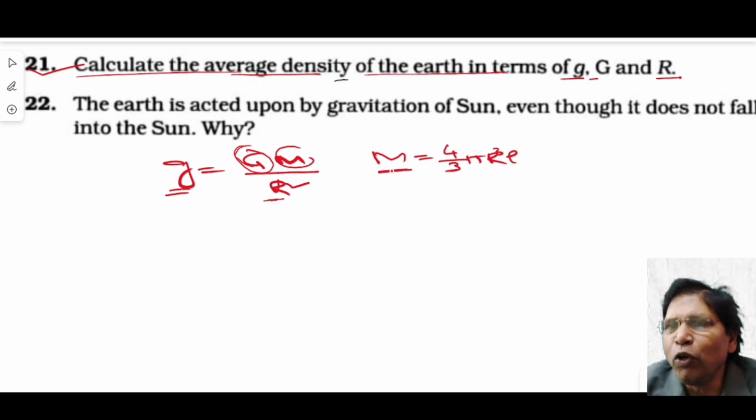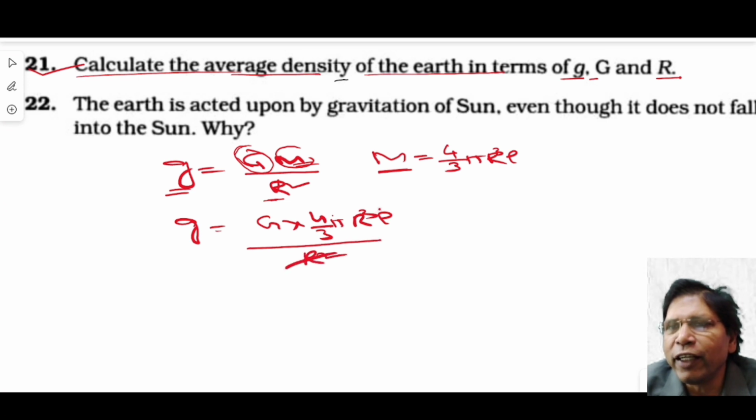Putting the value of M in this equation, we get g equals G into 4 by 3 pi R cube rho divided by R square.